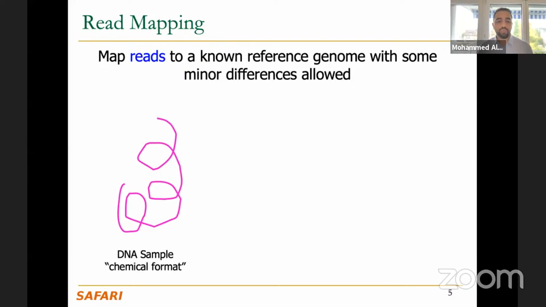I hope you still remember this from the previous lecture. We got the DNA sample, that is blood or whatever, and we do processing in the lab to isolate the DNA from all other molecules in the cell or in the sample. Then we send it to the sequencing machine. We get the reads.